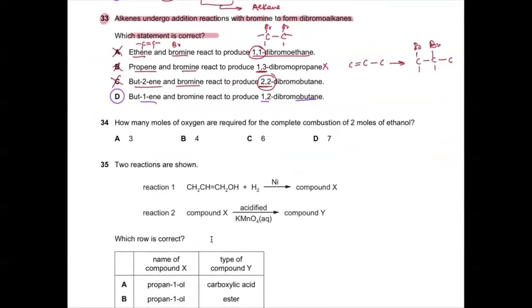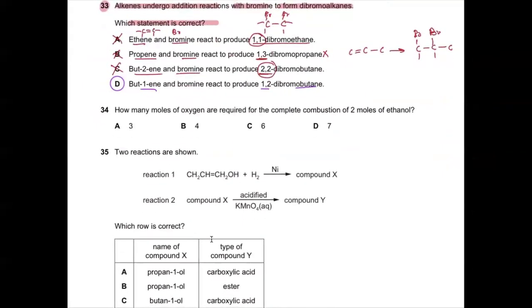Okay. Now, MCQ number 34. How many moles of oxygen are required for the complete combustion of 2 moles of ethanol? Ethanol is C2H6O, and it is reacting with oxygen, forming carbon dioxide and water.